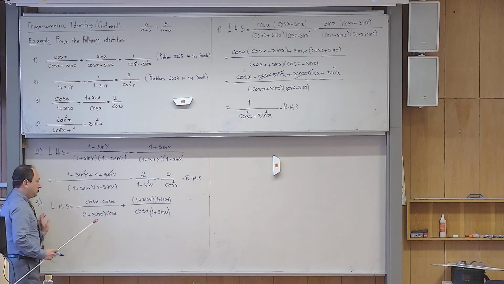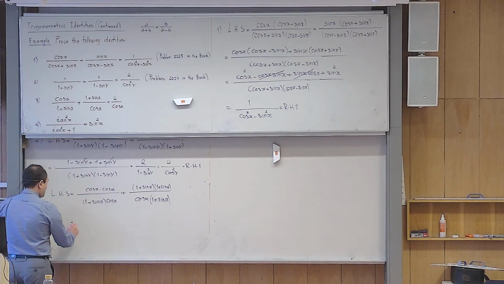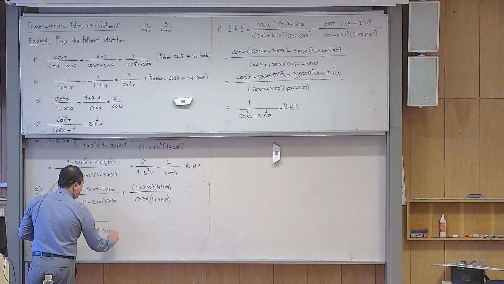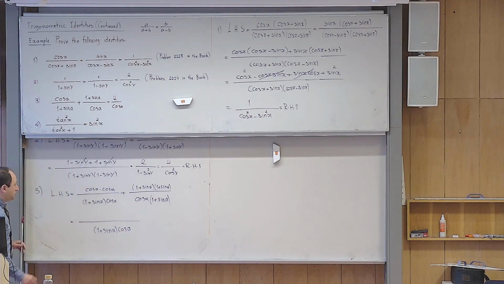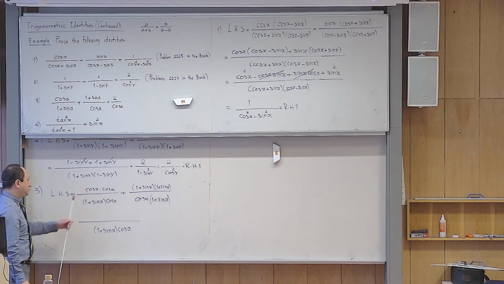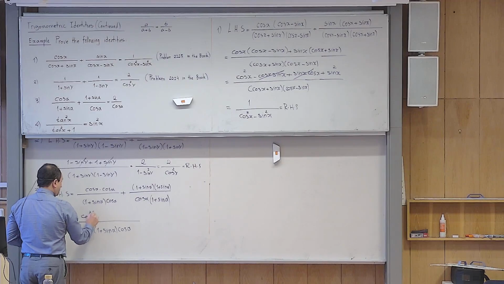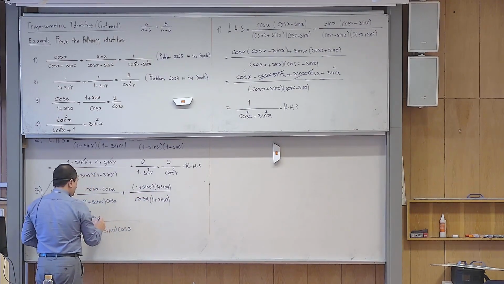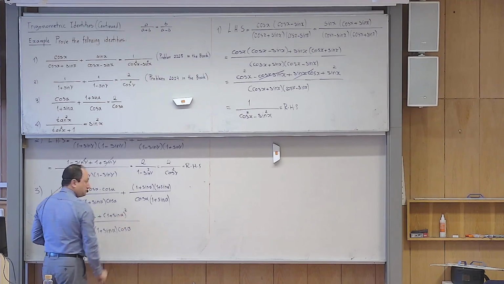Yes? Okay, but now what happens? These 2 expressions are exactly the same, so it doesn't matter in which order I multiply. So let me keep them. As I told you, as an advice, don't be in a hurry to start multiplying the denominator, but be in a hurry to multiply the numerators. So cosine alpha is what? Cosine alpha squared. 1 plus sine alpha times 1 plus sine alpha is 1 plus sine alpha squared.